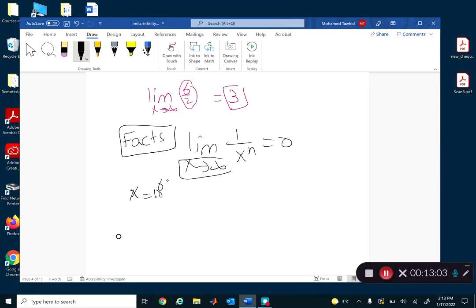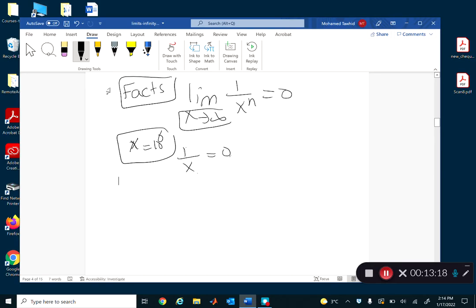If I have 1 over x and x equals 1 million, you can use technology: 1 over 1 million, you get almost 0. What happens if you have 1 over x squared? It will be 1 million squared, that's 1 over 10 to the power 12, which is almost 0.